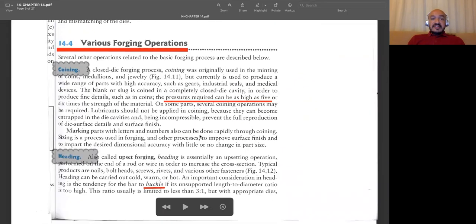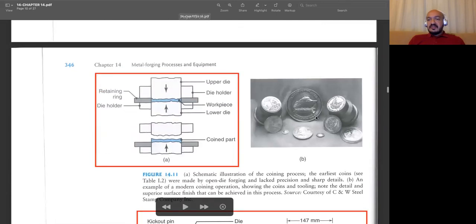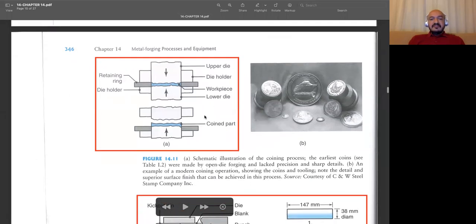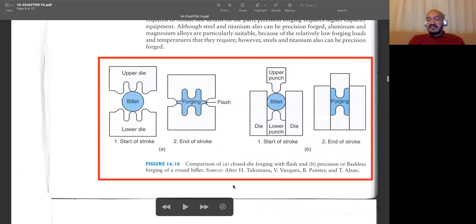Now let's have a look at some types of forging processes. The first one is coining, and it's especially utilized to manufacture very small products. You can see some examples. As the name implies, we are producing coins, and it's very similar to the previous process we discussed, flashless forging.